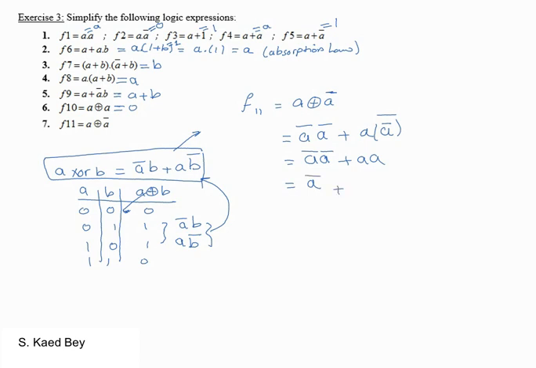And A ANDed with A is always going to be A. Now, A bar ORed with A is always going to be 1. Let's prove this by a truth table. And this is A bar. 0, 1, 1, 0. A XORed with A bar. Since the number of ones are odd in both cases, we end up with 1 in either case.